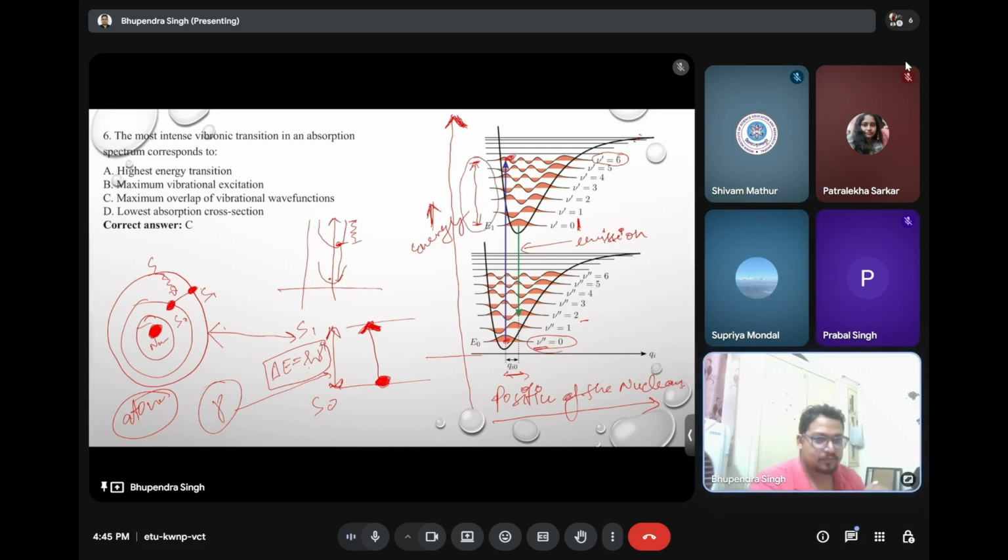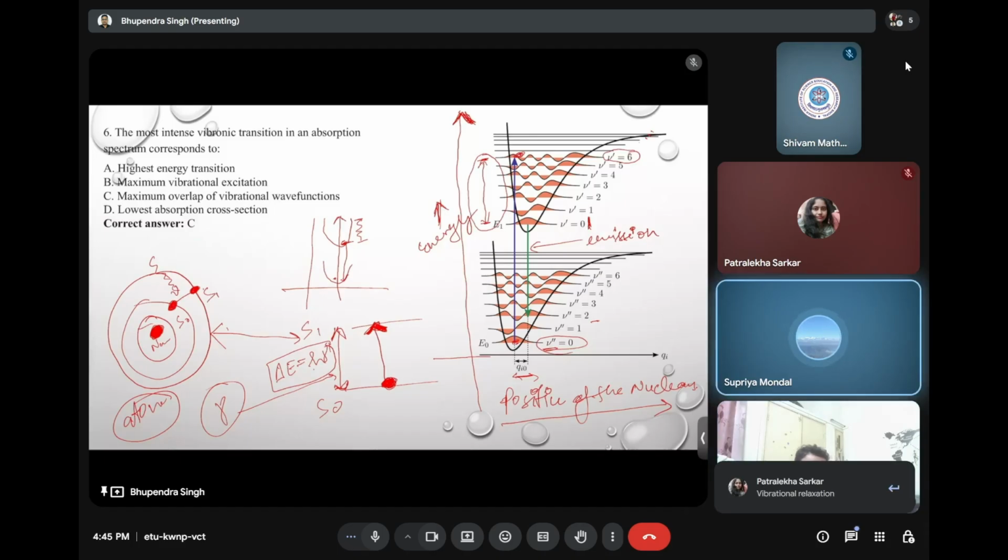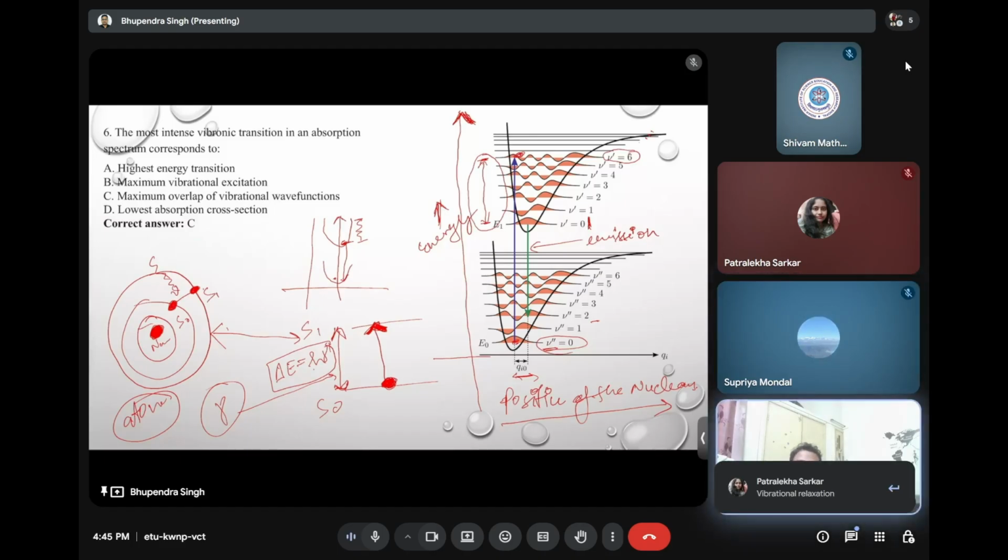There is a specific name of this gap. Yes, it is vibrational relaxation.